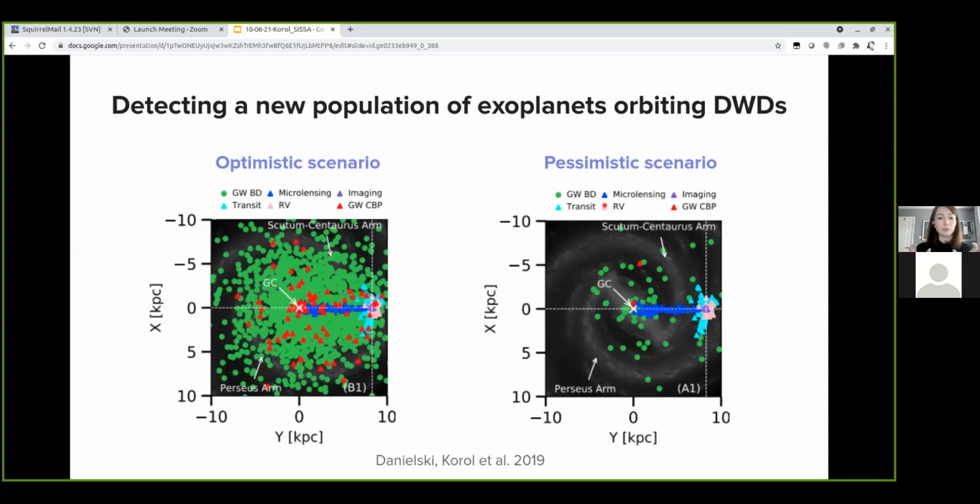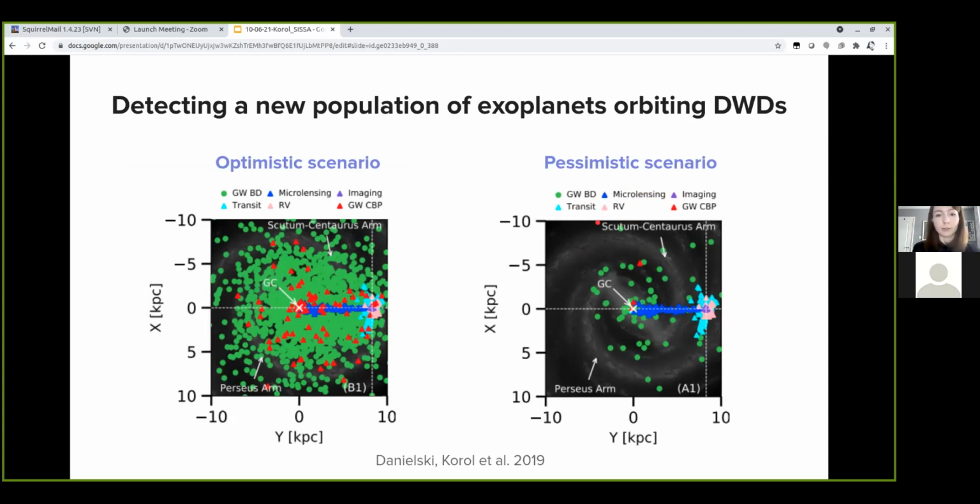In this study, the parameter we use to distinguish between brown dwarfs and exoplanets is a mass of 14 Jupiter masses. And just for comparison, the other colors show you different detection techniques available nowadays.